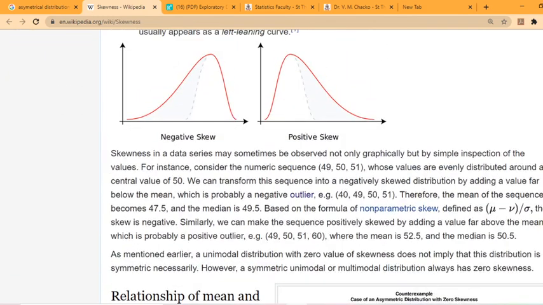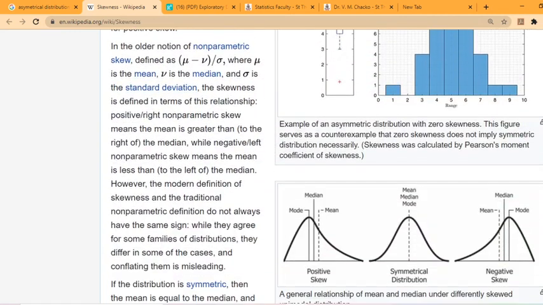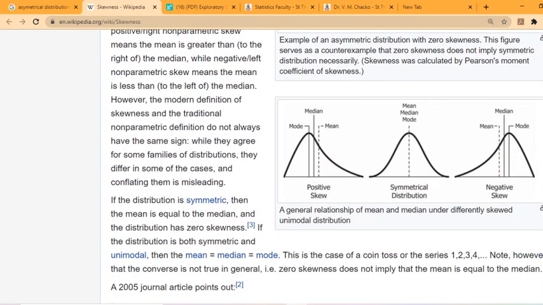This is a skewed distribution, positive skew, negative skew. In this case, we cannot use mean as a proper measure of central tendency. For the symmetrical distribution, it is proper, since mean, median and mode are equal.